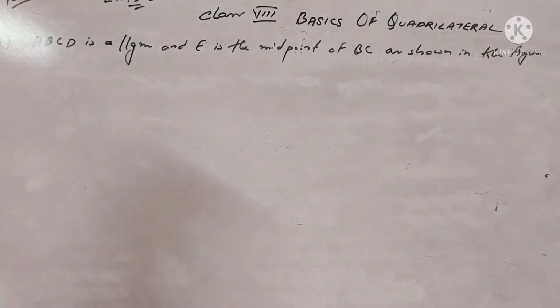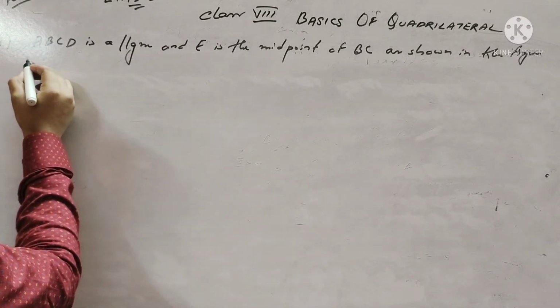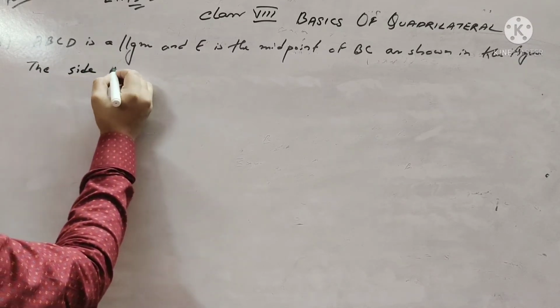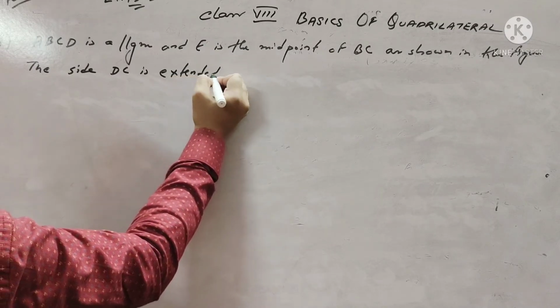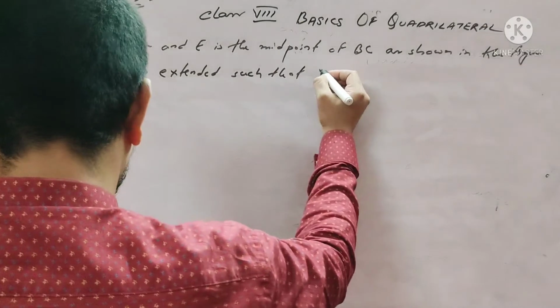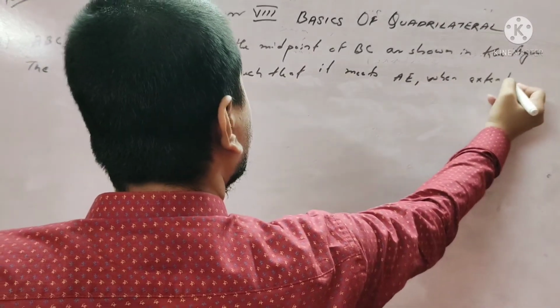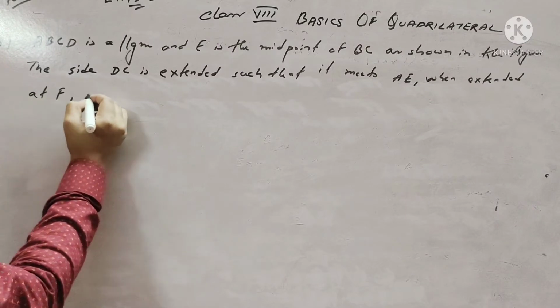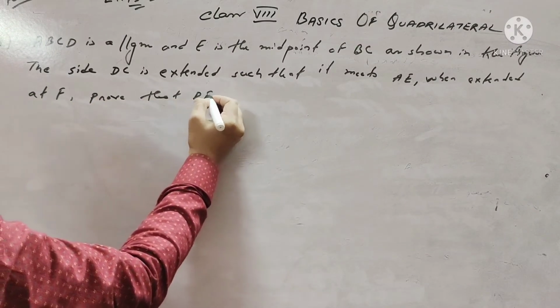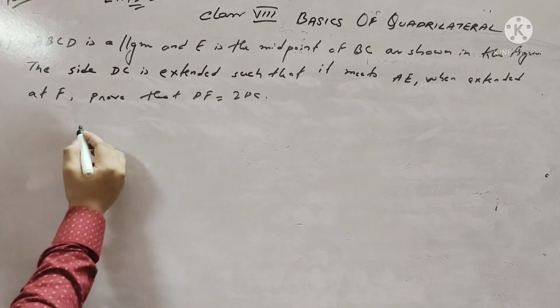In the figure, the side DC is extended such that it meets AE, when extended, at F. Prove that DF equals 2DC. Okay, and the figure is given.